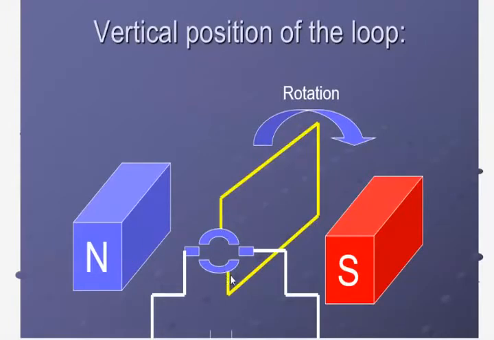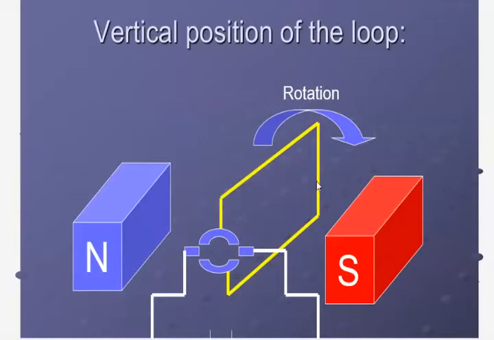Try to understand. Right now the current in this arm is in this direction while the magnetic field is in this direction. In this case, the magnetic force experienced by this arm is non-zero because the angle between the current and magnetic field is 90 degrees. Therefore, the magnetic force on this arm is non-zero.